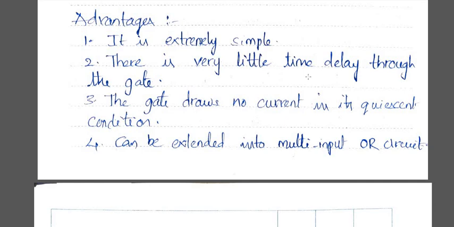Next, the gate draws no current in the quiescent condition, and the last one, it can be extended to multiple input OR circuits, that is, a form of addition. So if you want an application where you are using a multiple input OR circuit, you can go for this unidirectional sampling gate. So this was about your unidirectional sampling gate.